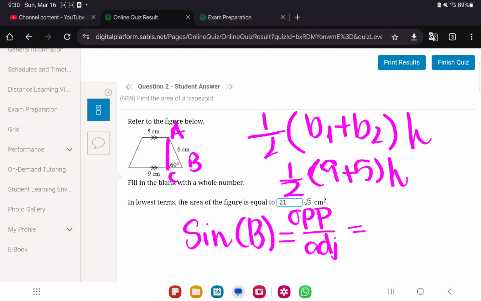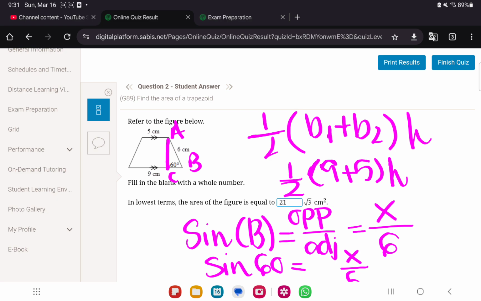Here, the opposite is the one we want to find, so I'll call it x. And the adjacent is 6. We know that sine of 60, because we already found the angle, is equal to x over 6. So we multiply 6 by sine 60, so 6 times sine 60, you get 3 radical 3, okay?